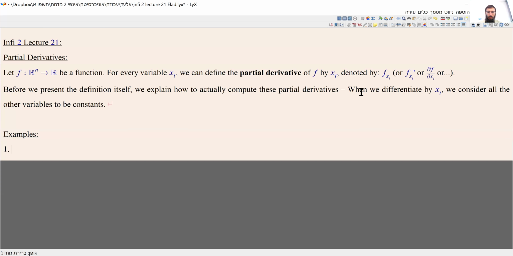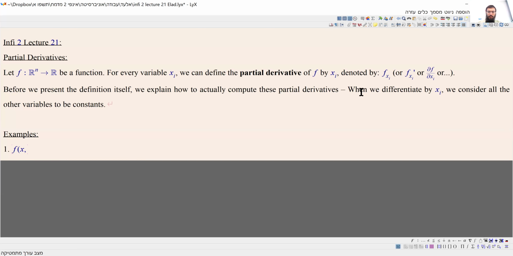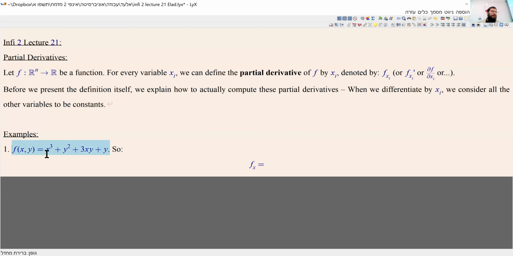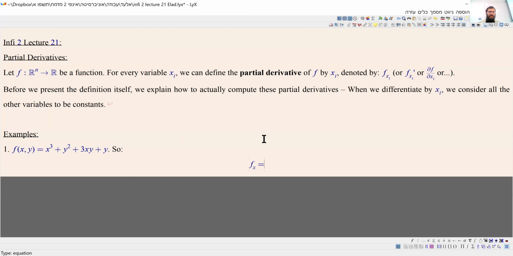Let's begin with f(x, y) = x^3 + y^2 + 3xy + y, for example. When we find the partial derivative of f by x, we consider y to be a constant. The derivative of x cubed is 3x squared. The derivative of y squared is just 0 because we consider it to be a constant.